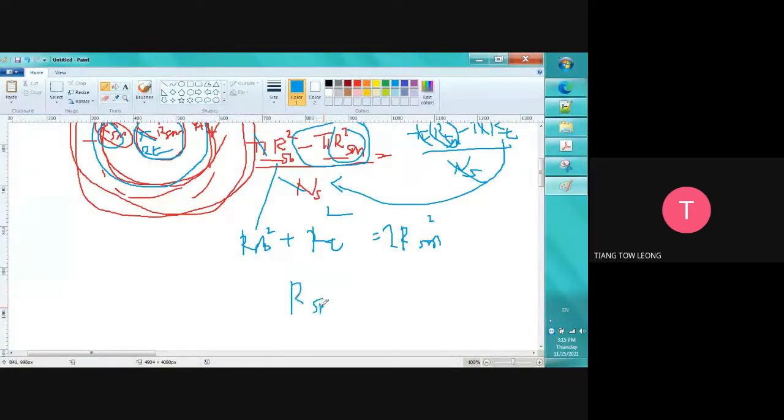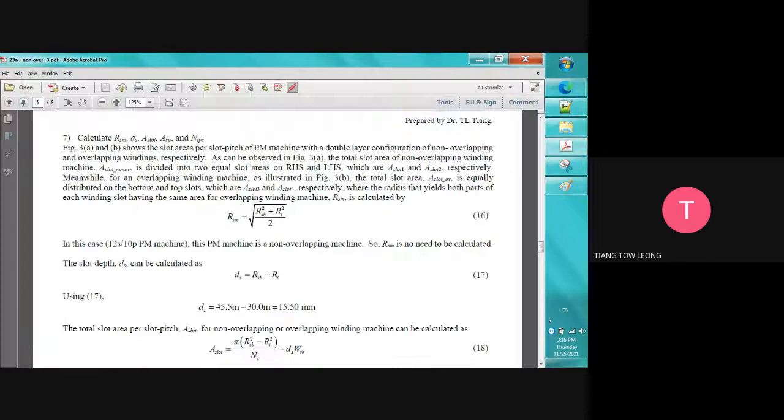Then my RSM square becomes RSB square plus RT square, divided by 2. And because I have a square, when I bring it over it becomes a square root. So this is how we get the equation: RSM equals the square root of RSB square plus RT square divided by 2.